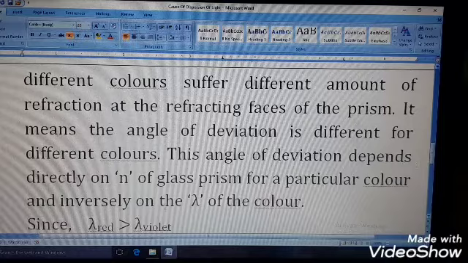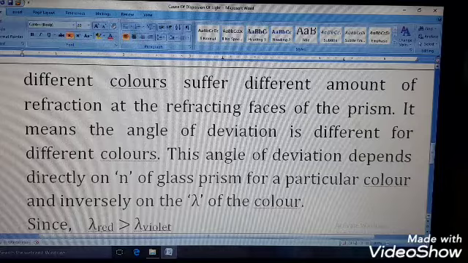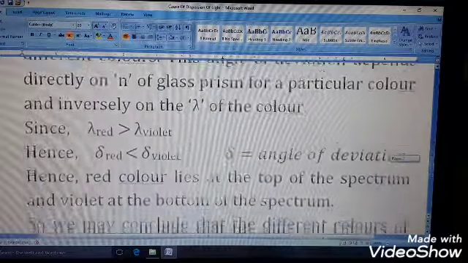This angle of deviation depends directly on the refractive index of the glass prism, okay, and inversely on the wavelength.